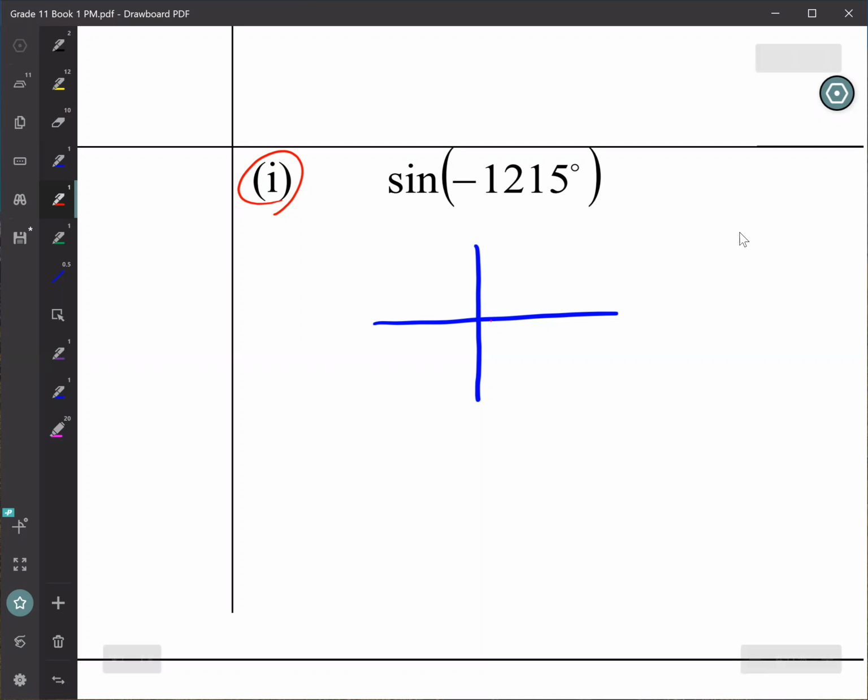If it makes one full turn, right? Negative is clockwise, right? So one full turn will be only negative 360. So you have to keep going, okay? Keep going. Please raise your hand when you got a picture.